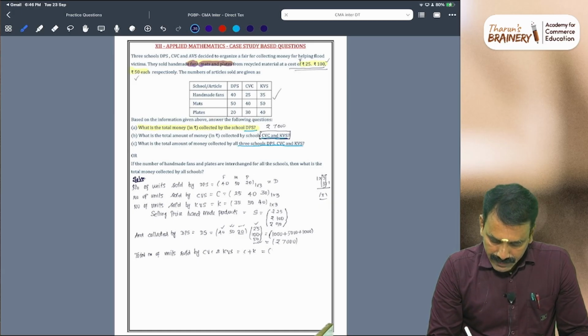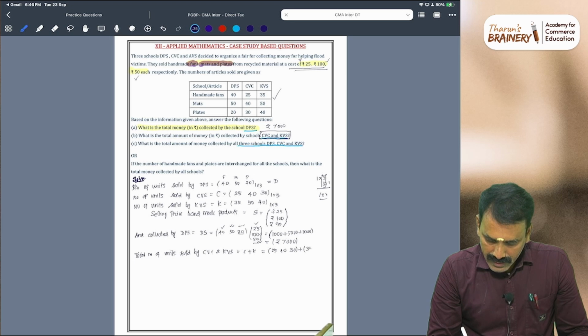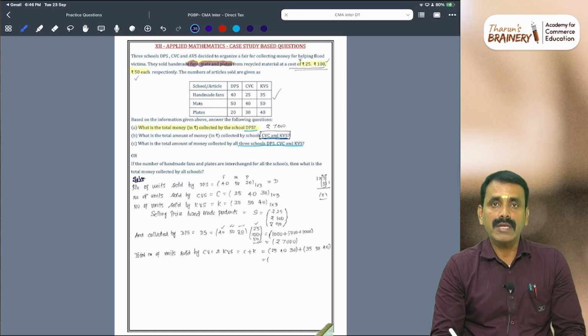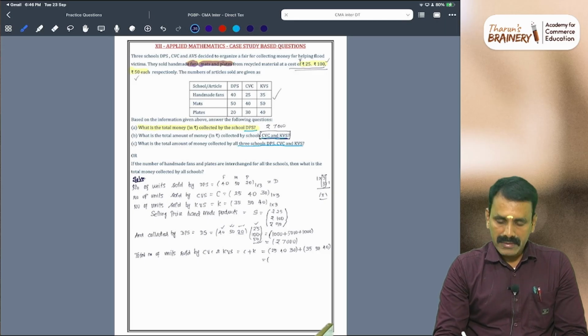It is going to be 25, 40, 30 plus 35, 50, 40 for KVS. Because both the matrices are of the same order, we can add their corresponding elements.